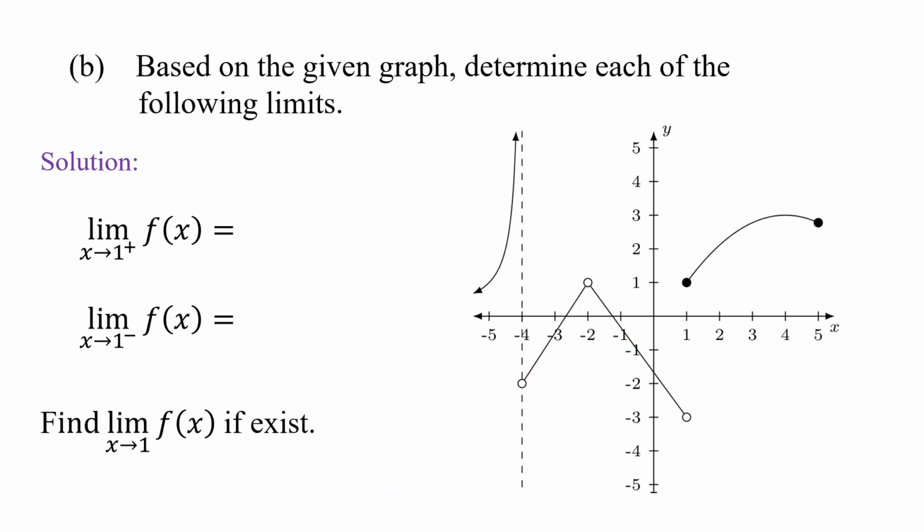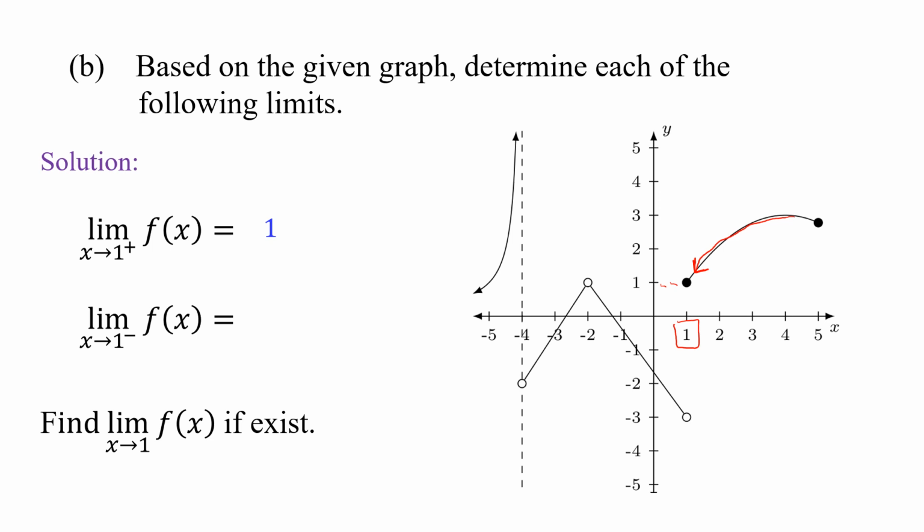Part B. Evaluate the limit as x approaches 1 from the right. This is 1, and refer to the graph that is greater than 1. When x approaches 1 from the right, we can see that y approaches 1.